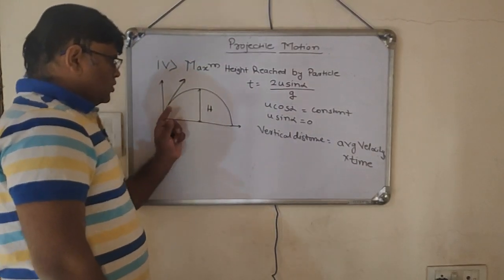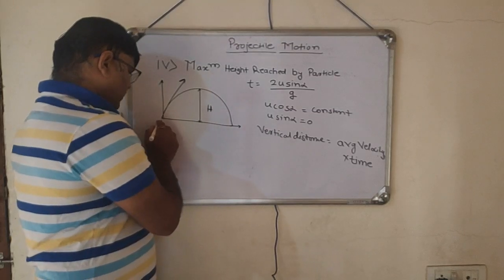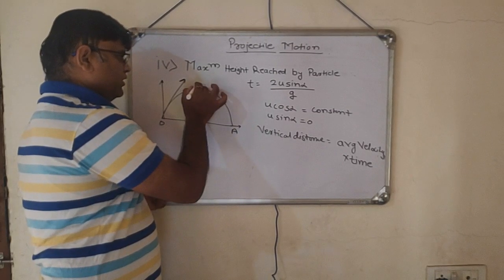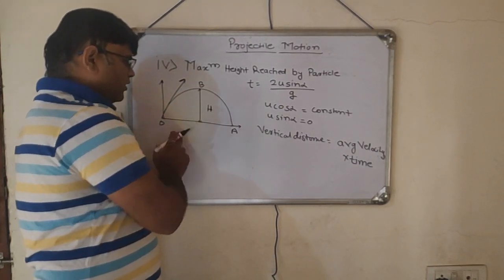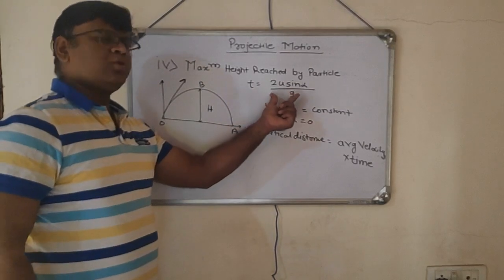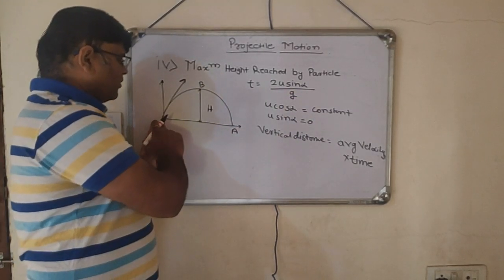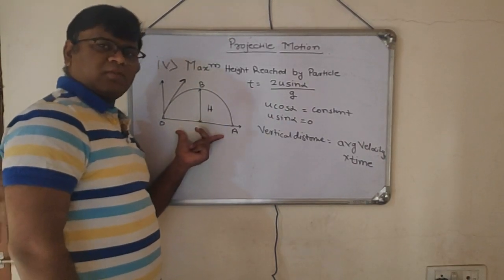Okay, so for example, this is your origin O, this is your point A, this is your point B. From O to B and B to A, total time of the flight we have is 2u sin alpha divided by g. So from O to B it requires half of the total time of the flight.